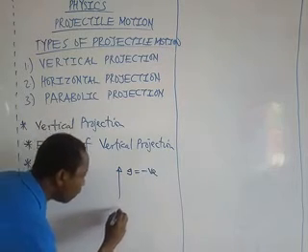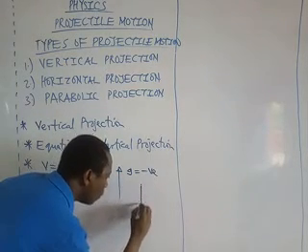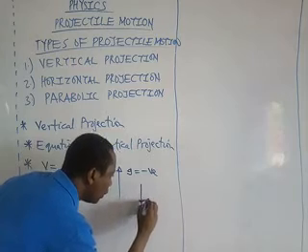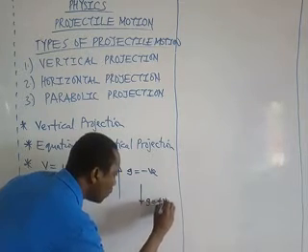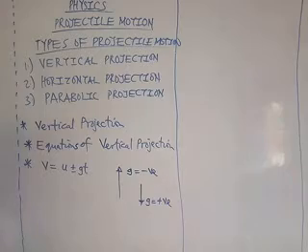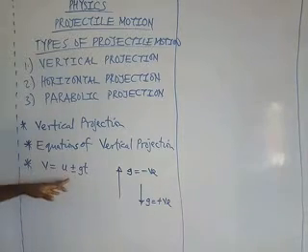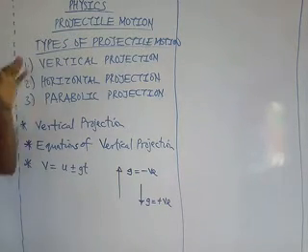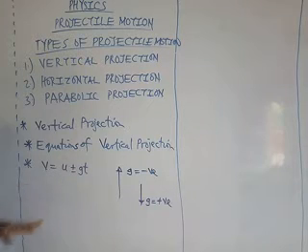And g is positive when the body is coming down. So take note of that. We have it as plus if the body is coming down to the ground, but it is negative when the body is going up.